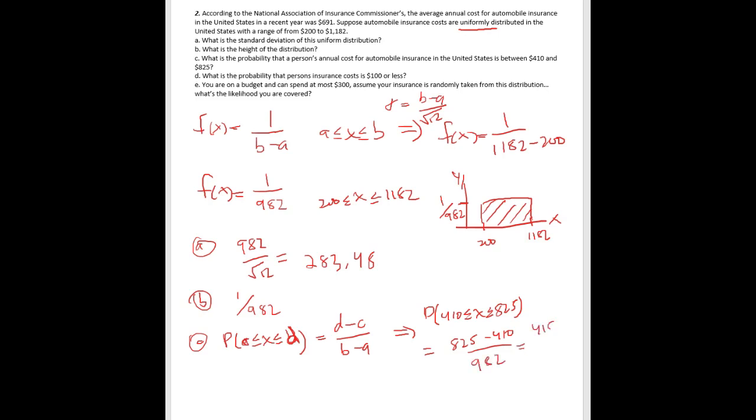So we just get 415 over 982, and that is equal to 0.423.